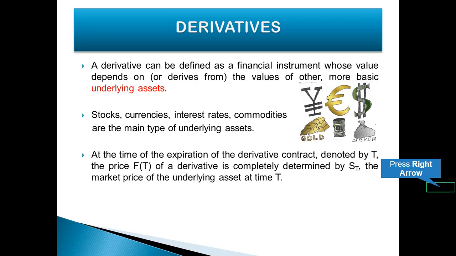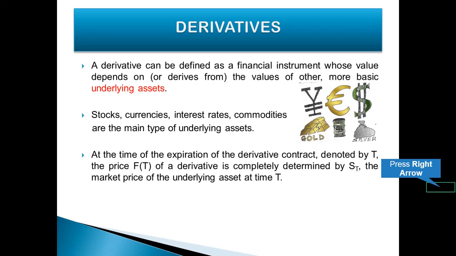At the time of the expiration of the derivative contract, denoted by T, the expiry time, the price F_T of our derivative is completely determined by S_T. The derivative price is F capital T at the time of expiry. This value is known.